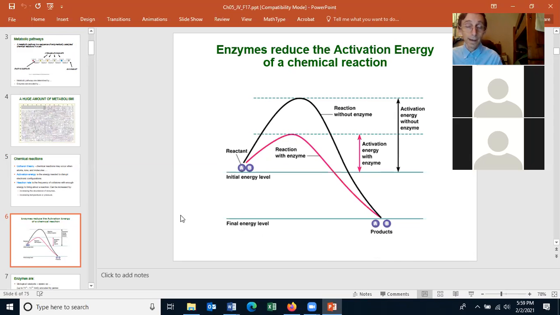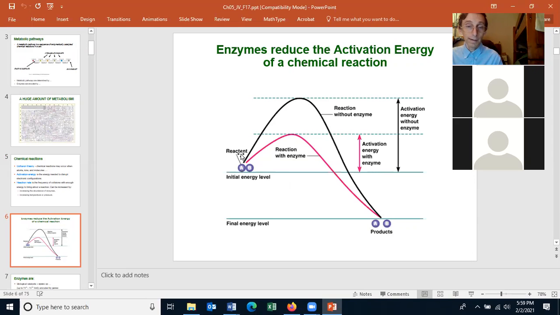It's not stated. In fact, the y-axis really isn't stated either. But the reactants here can be converted into the products, and when the reactants come together and collide, if they have enough energy, they'll be converted into the products.